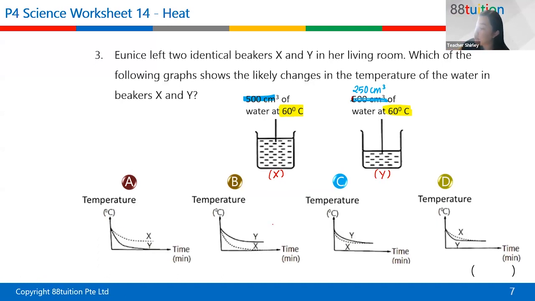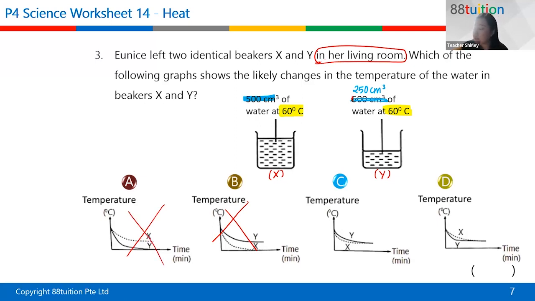So X will take a longer time, but eventually they will get to the same temperature because they are left in her living room. Since it's in her living room, it will be the same temperature after that. So A and B are out.